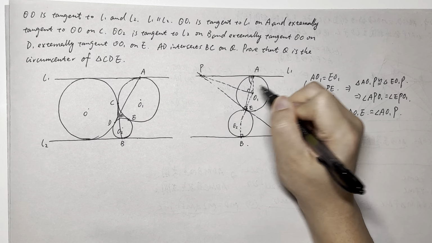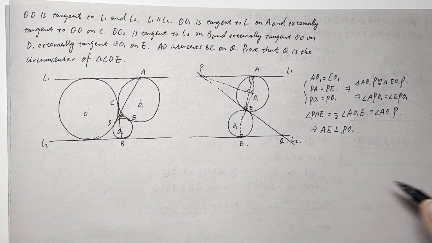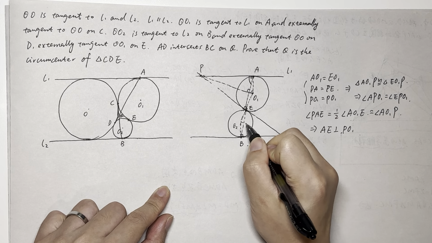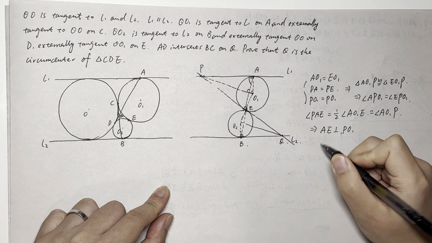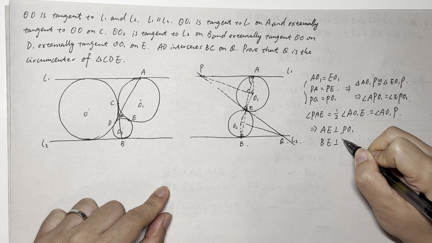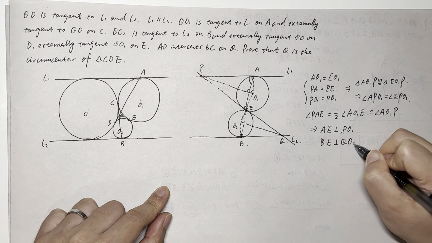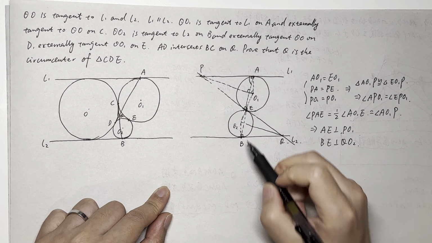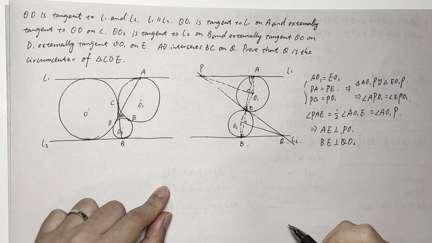This is 90 degrees. And similarly, we can prove that BE is perpendicular to QO2. So this is 90 degrees.